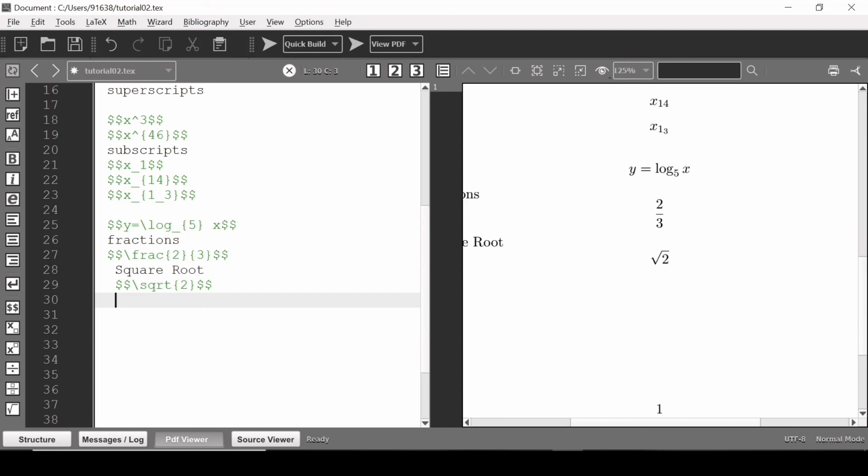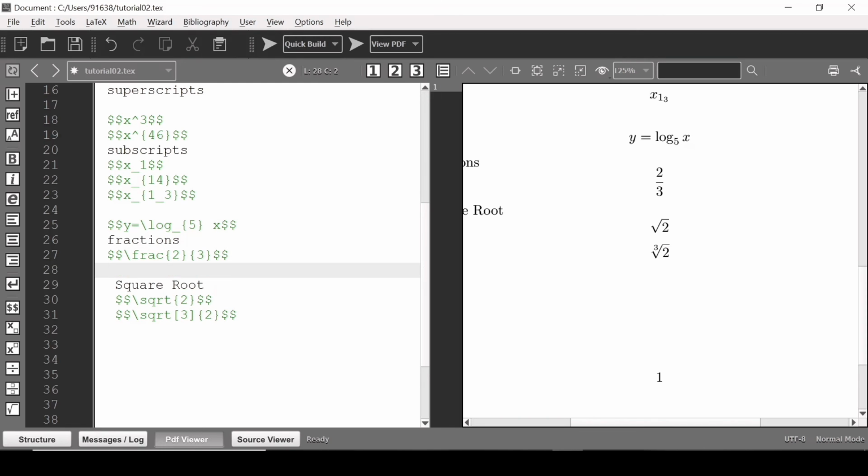If you want to write the cube root of 2, inside a curly bracket, backslash sqrt, here you write 3, here you write 2, and you will see the cube root of 2.